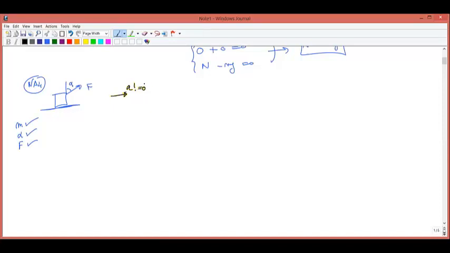If the acceleration is non-zero and towards the right, which Newton's law do we have to use? The first, the second, or the third? Excellent, obviously the second. So we know we're going to use this law.